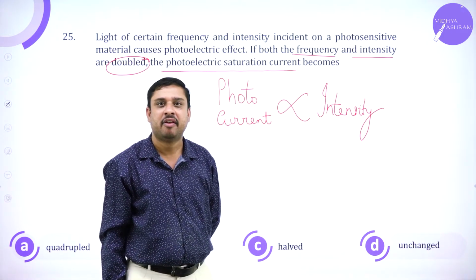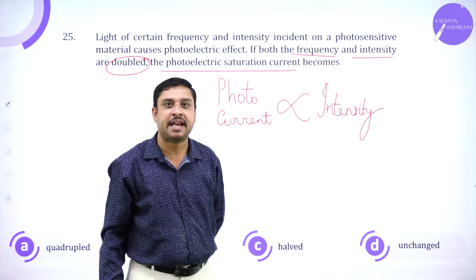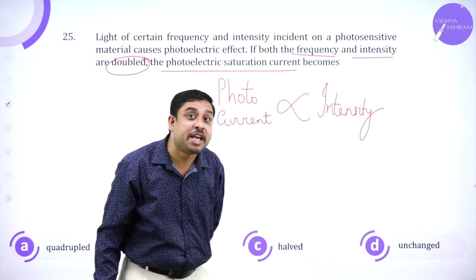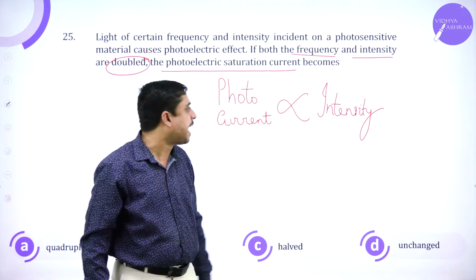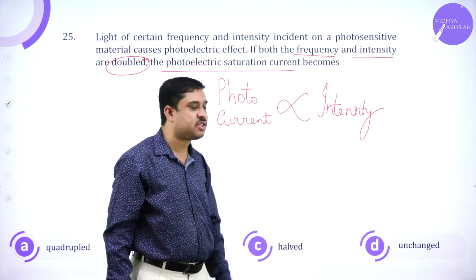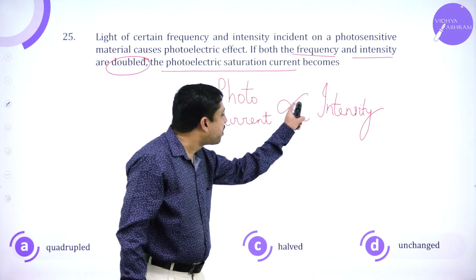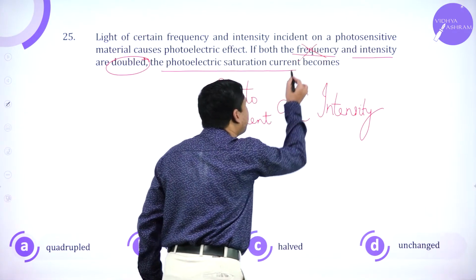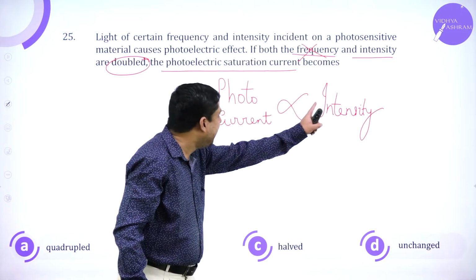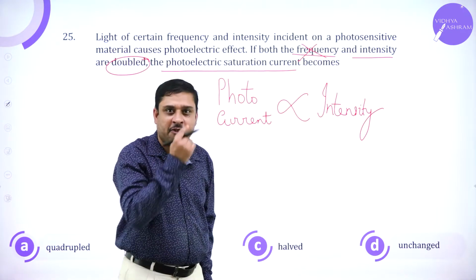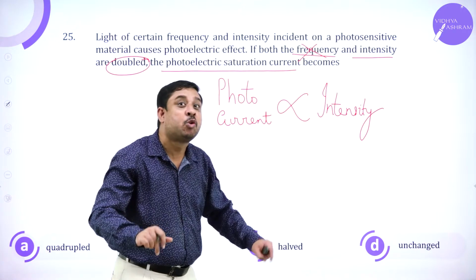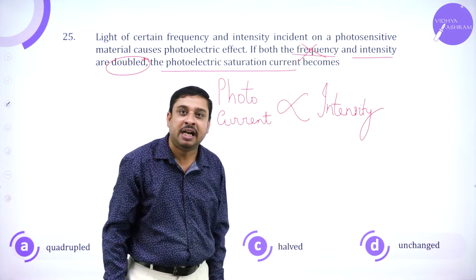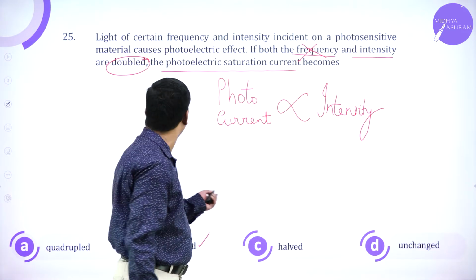Maximum kinetic energy and stopping potential depend upon frequency and not intensity. Here photocurrent is directly proportional to intensity. It has nothing to do with frequency. So if the intensity is doubled, photocurrent also becomes twice the initial value. So the answer is double the initial value.